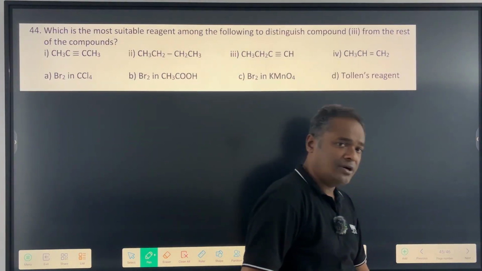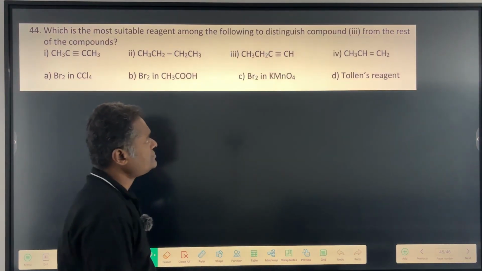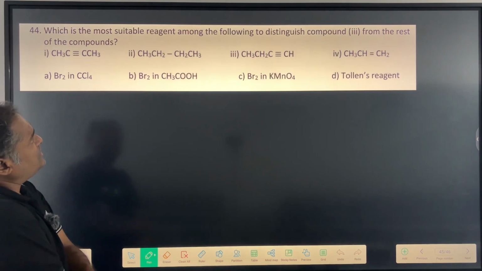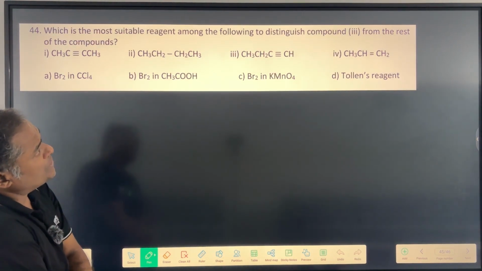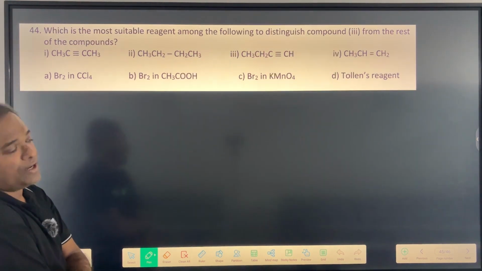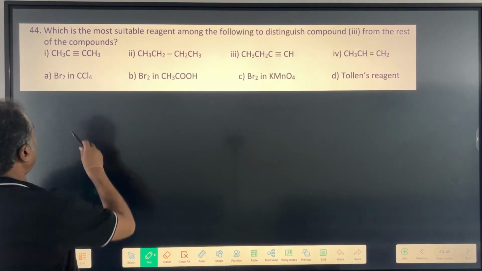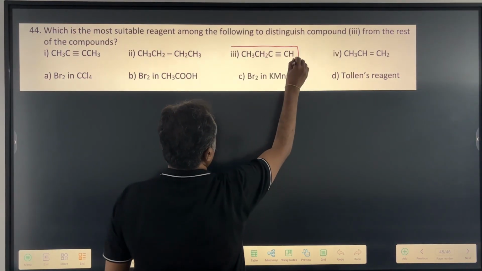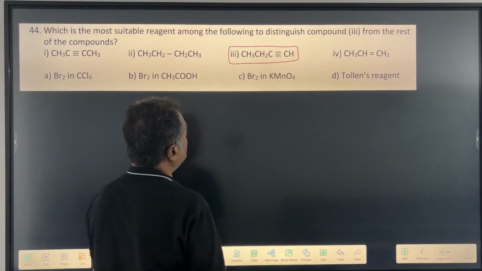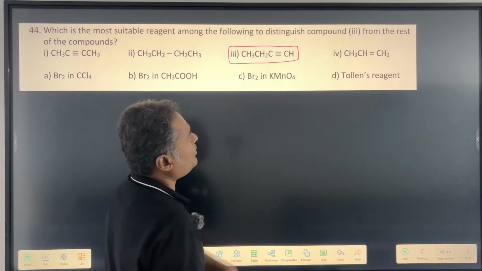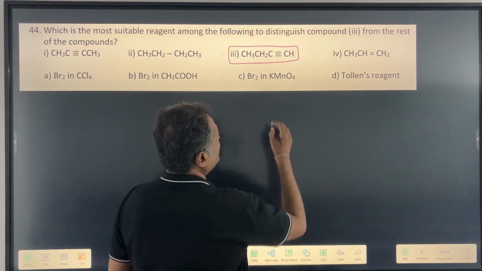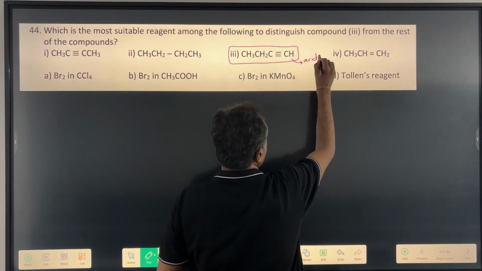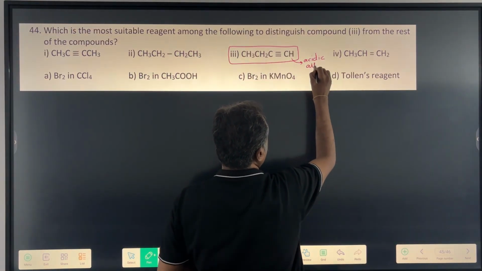Let's now see the last 2 questions. Now here, child, they have given which is the most suitable reagent among the following to distinguish the third compound from the list. Now how can this third compound be distinguished from the others? The third compound contains an acidic H, or it is an acidic alkyne.